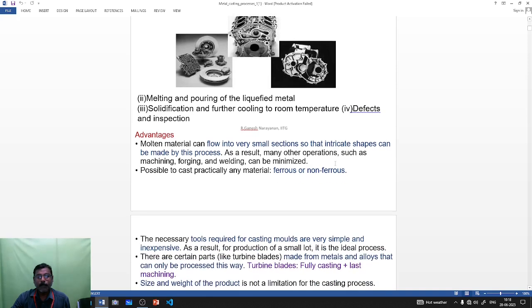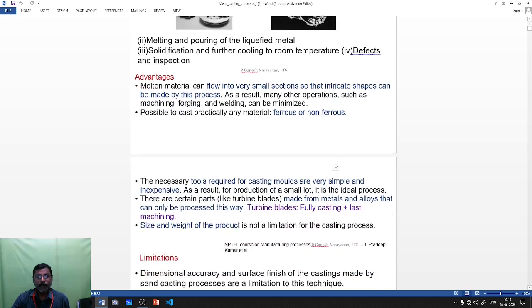The advantage is that molten material can flow into very small sections, so intricate shapes can be made by this process. As a result, many other operations such as machining, forging and welding can be minimized. It is possible to cast practically any material, for example ferrous or non-ferrous metals.